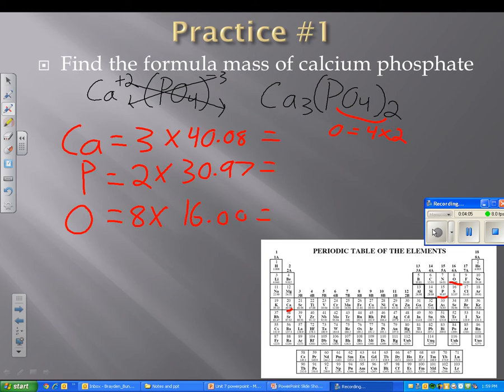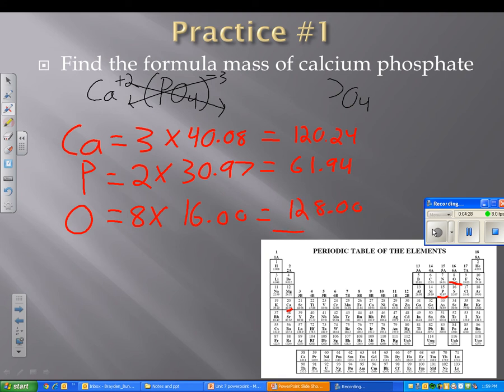So now I'm going to do those math problems. And I cheated, I went ahead and did these beforehand. And calcium gets us 120.24. Phosphorus gets us 61.94. And oxygen gives us 128.00.